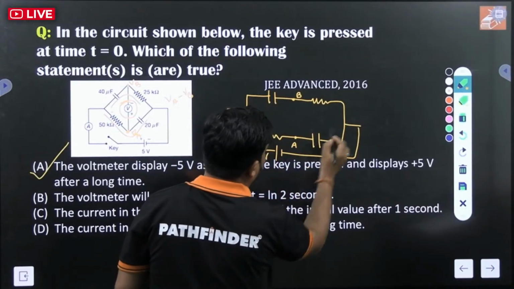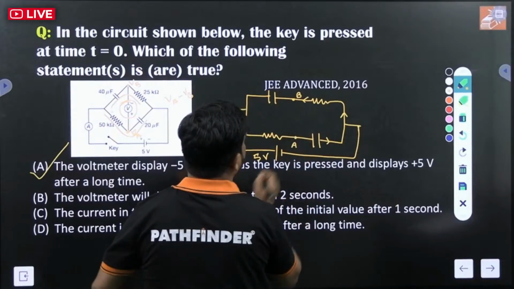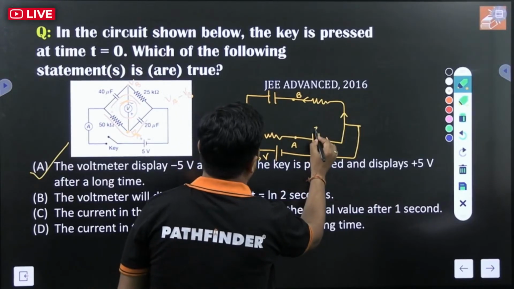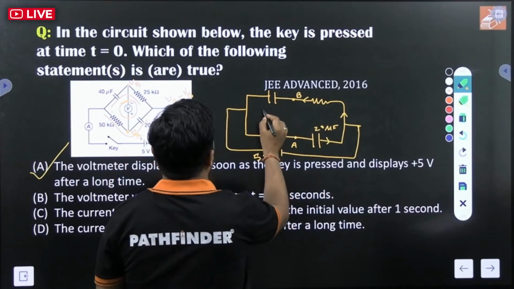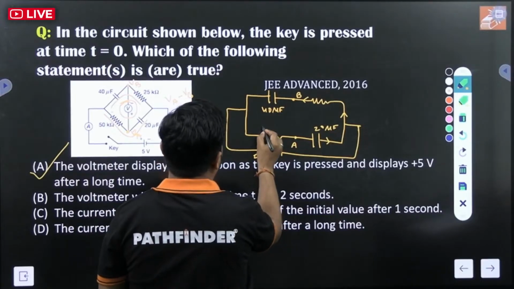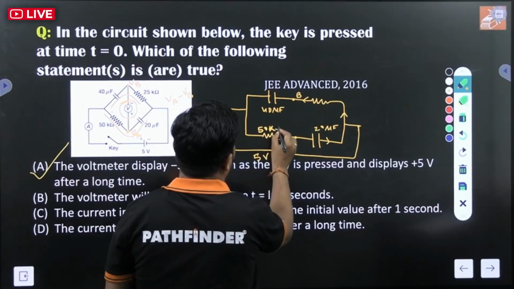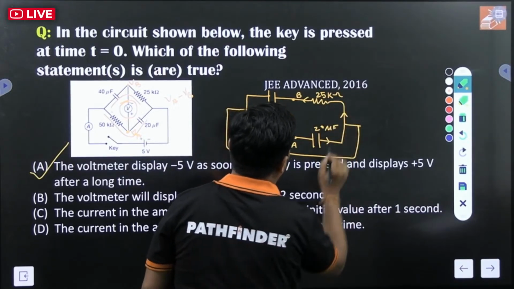Which direction do you want to traverse? Let's traverse along this direction. This is having 20 microfarad and this is having 40 microfarad, and this is 50 kilo ohm and this is 25 kilo ohm.